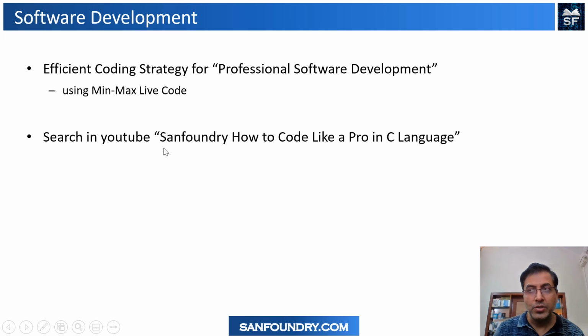You can search YouTube for SAN Foundry, how to code like a pro in C language, in which I write a simple code to calculate min and max values of a data type, and then repeatedly improve it one after another so that it becomes good professional quality code. You will see the video link in the description as well as in the suggestions for this video. I will see you in the next class.